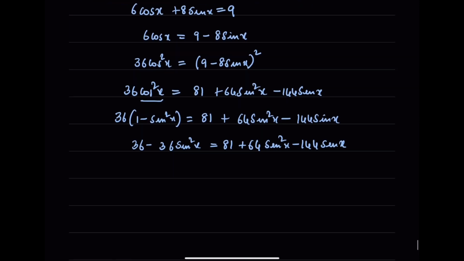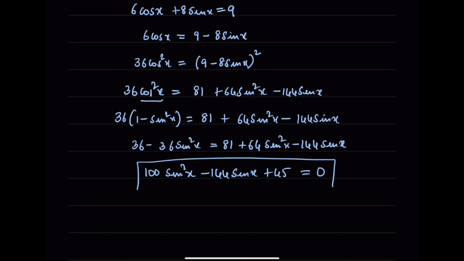So when we simplify this, this will be minus 36 sine square. We move it to the other side, it will be 100 sine square x. Then we would have minus 144 sine x. Then 81 minus 36 is 45. This is equal to 0. So this is our first equation. This is a quadratic equation now.